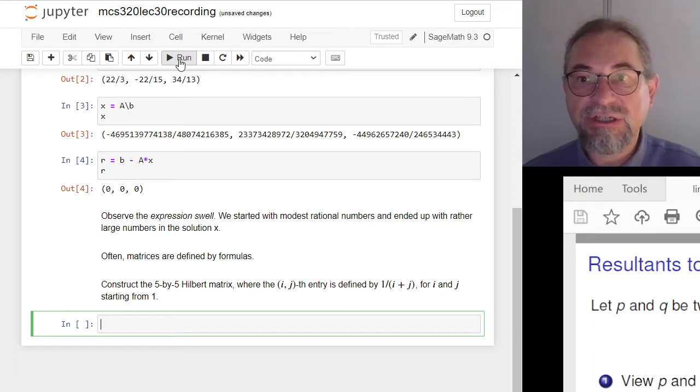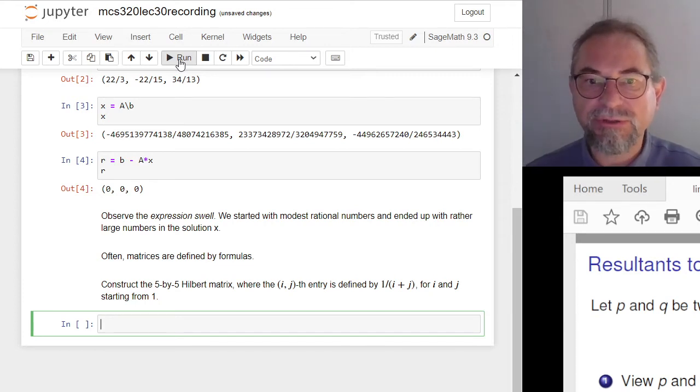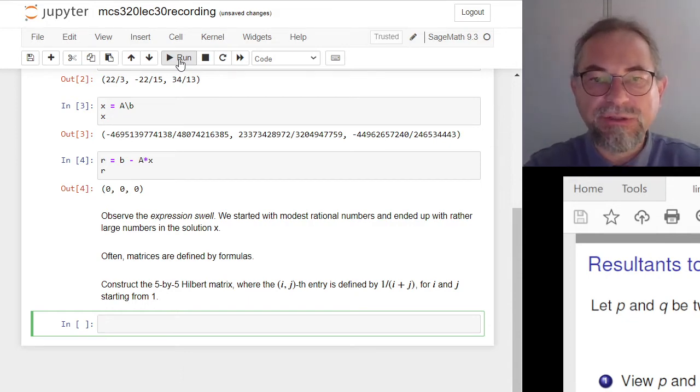The matrices in SageMath follow Python. The matrices actually start from 0. So that is a problem if I'm applying this formula. So the function that I will define takes on input 2 indices, and it has to take the inverse of i plus j, but for the matrices, the indices will start at 0.